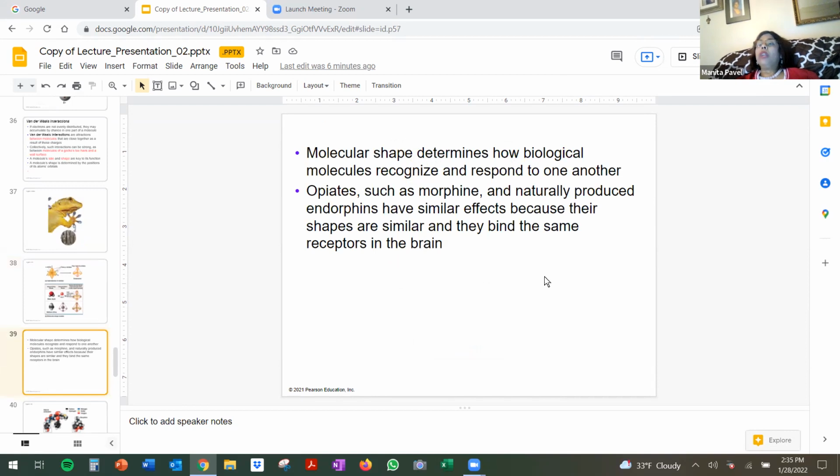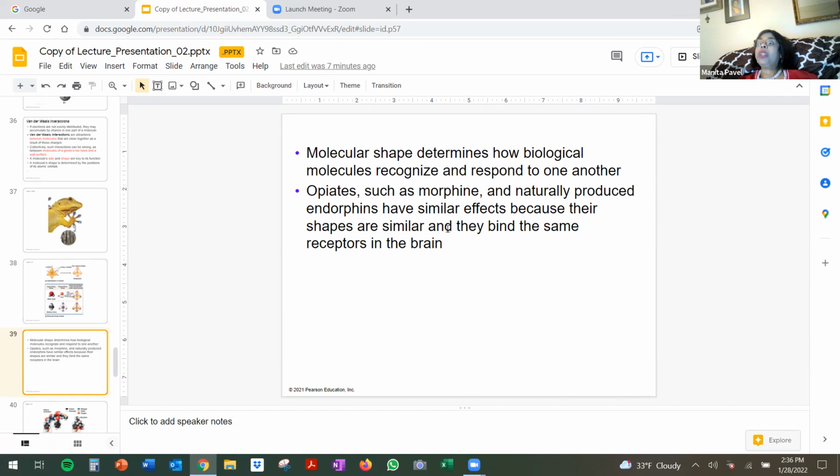Now, molecular shape, as we are seeing, shape determines function. It will also refer to how these biological molecules recognize the shape and respond to one another. So we have opiates such as morphine.